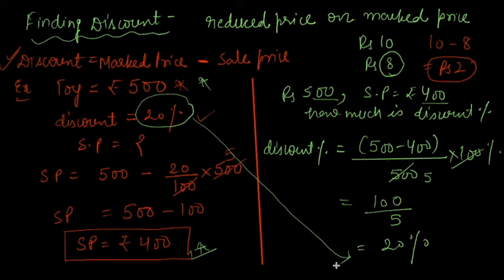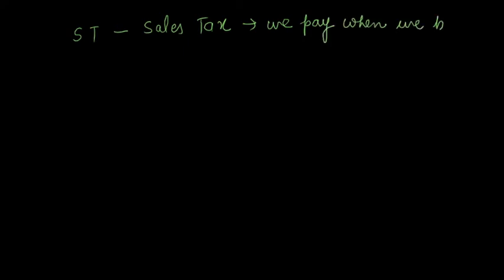Now this was the discount, which we subtract. Now we also pay tax on items, right? There are different types of tax. Suppose it is written ST, which is going to be sale tax. What is sale tax? Sale tax is something which we pay when we buy items, right?